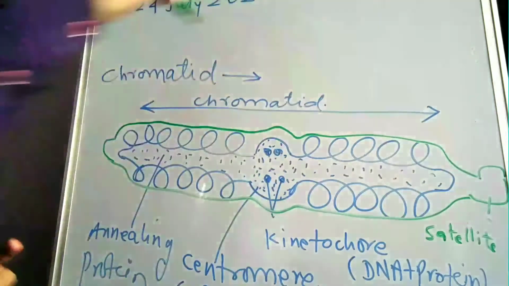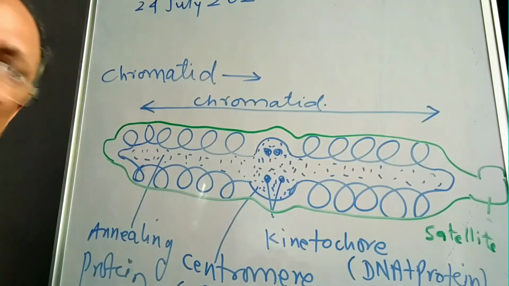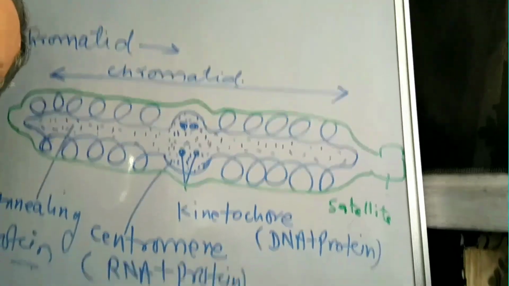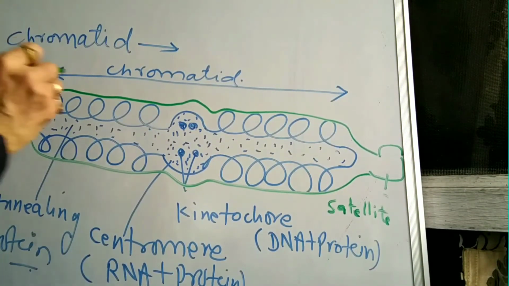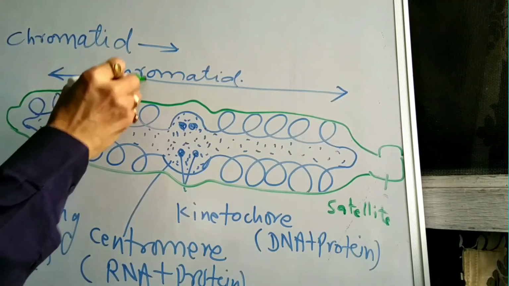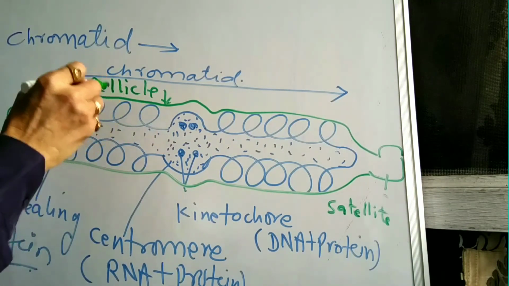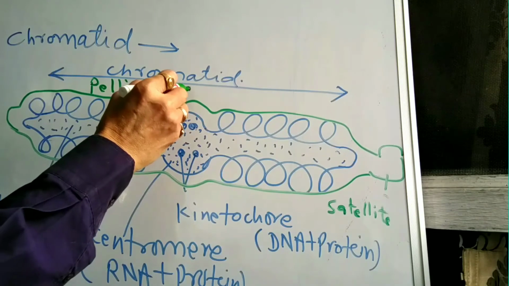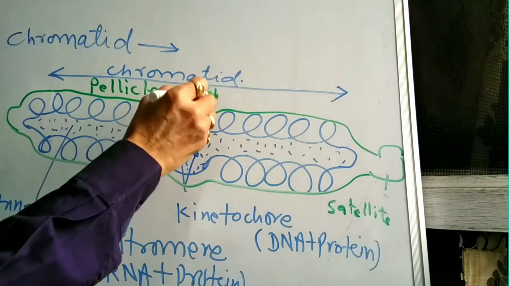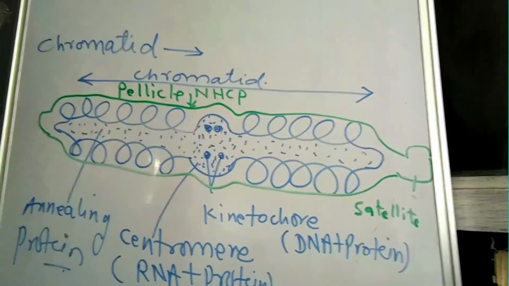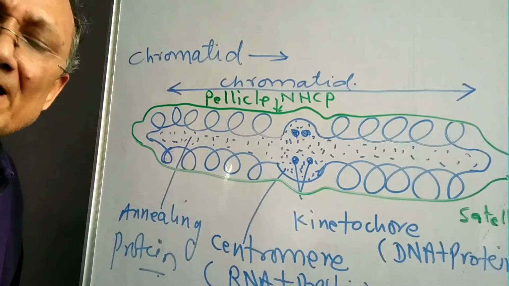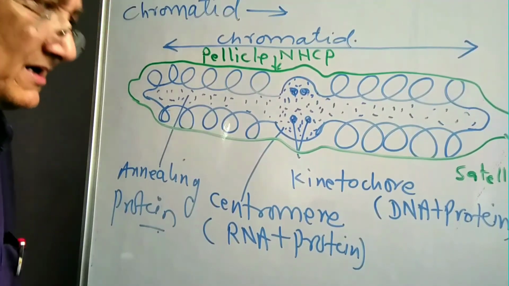There is another structure called satellite. You can see here satellite, and this green structure is called pellicle, and this consists of non-histone chromosomal protein, written in NCERT overleaf. So this is the eukaryotic chromosome and its organization you have seen.